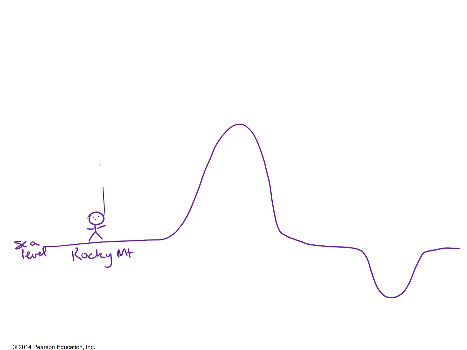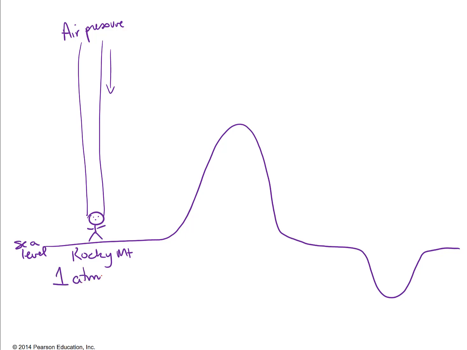So there is a column of air above you. This column of air is actually creating pressure pushing down. That's air pressure. And when you're at sea level, they say that you're at 1 atmosphere of pressure. So that's sort of the standard.